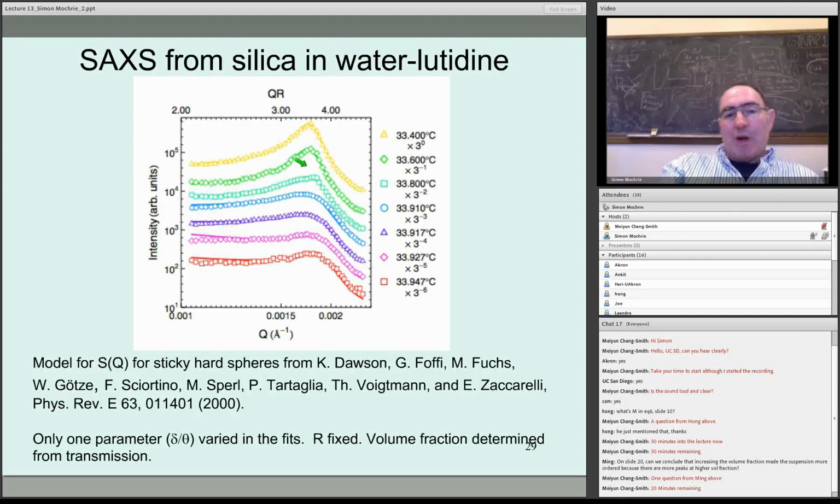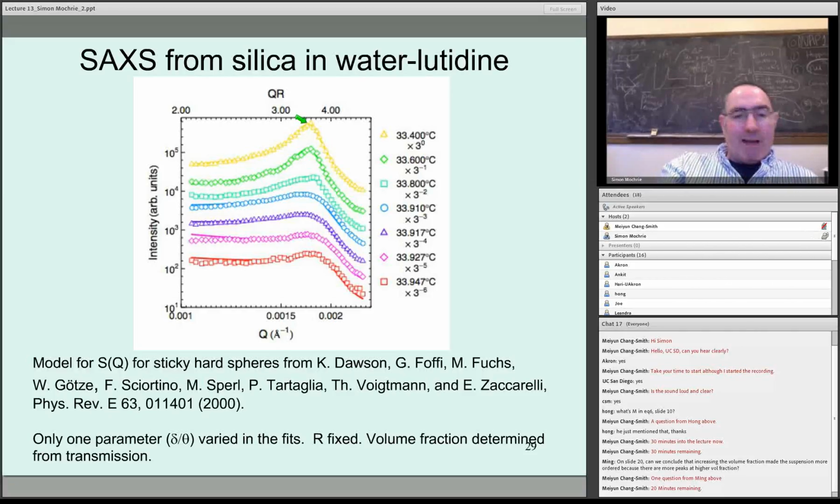But as you raise the temperature and increase the attraction, you start to increase the scattering at very low wave vectors. So the scattering at low wave vectors here is much higher than here. The peak gets broader than here. The peak here at high temperatures is broader than here. All of these things tell you that there are attractive interactions between the particles that are turning on.